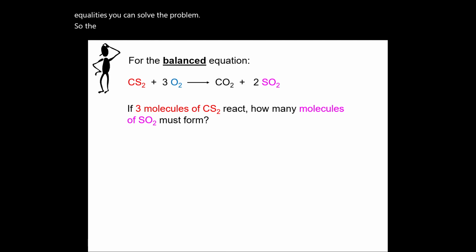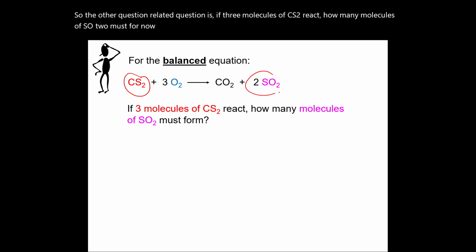The other related question is: if 3 molecules of CS2 react, how many molecules of SO2 must form? Here we compare those 2 chemicals. Again, CS2 is the reactant on the left side of the arrow, and SO2, sulfur dioxide, is the product.